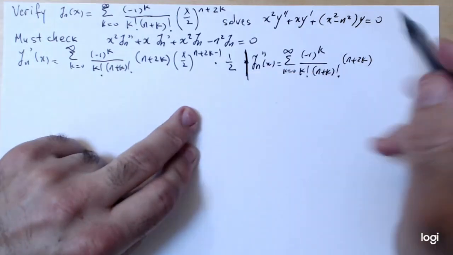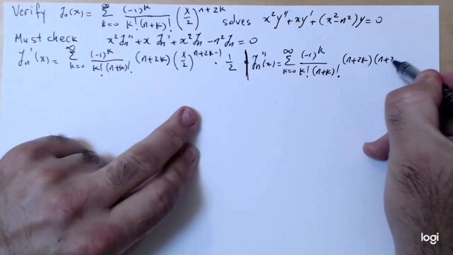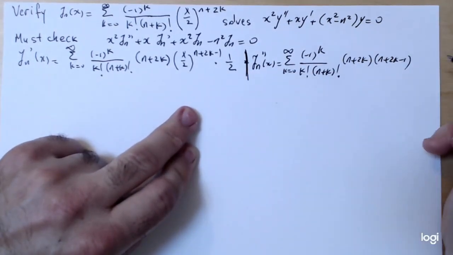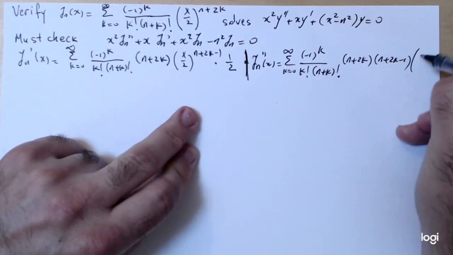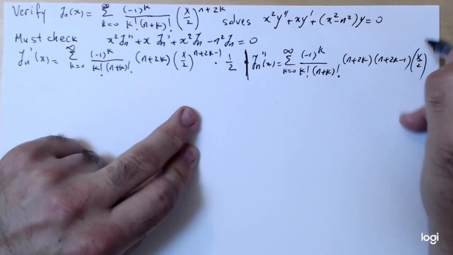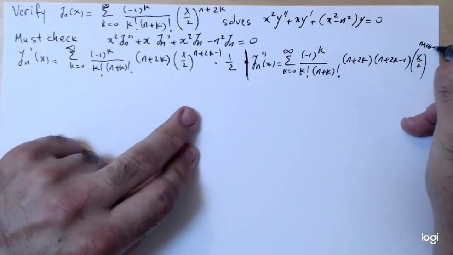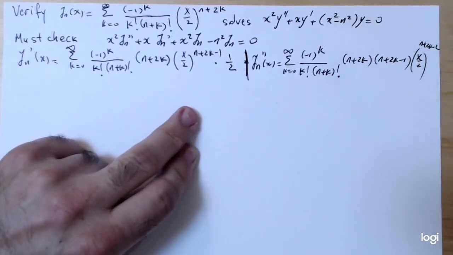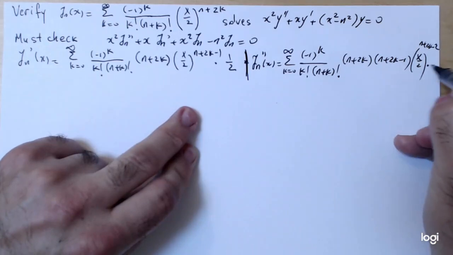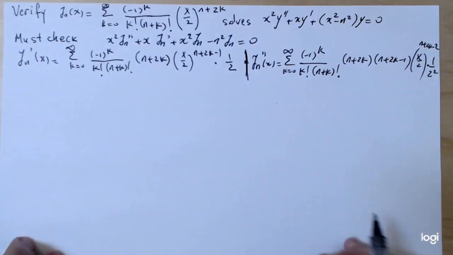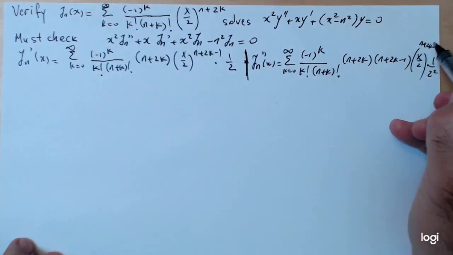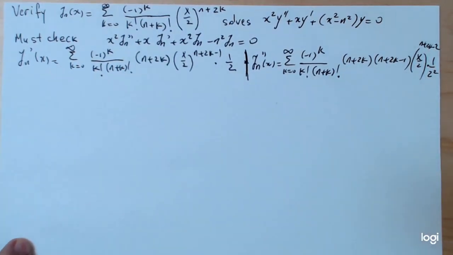Now, again, another power rule, n plus 2k minus 1. I think I got greedy a little bit here. I don't know if I can fit it. And then x over 2 to the power n plus 2k minus 2. Times 1 over 2 to the power 2, because there's another 1/2 from the chain rule. So n plus 2k minus 2.